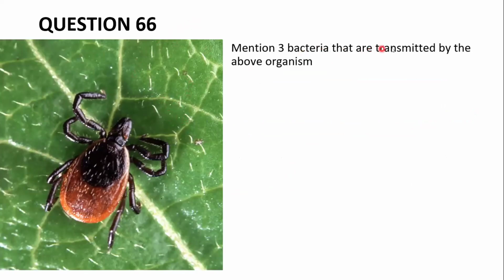Then number 66, mention 3 bacteria that are transmitted by the above organism. So this is a tick, as you can see, 1, 2, 3, 4, 5, 6, 7, 8. It has 8 legs. Quite a few. All the bacteria you learned when you were learning spirochetes, from Borrelia, all those bacteria are spread by ticks, if not most. Which bacteria are those?